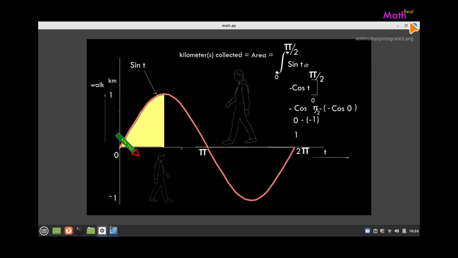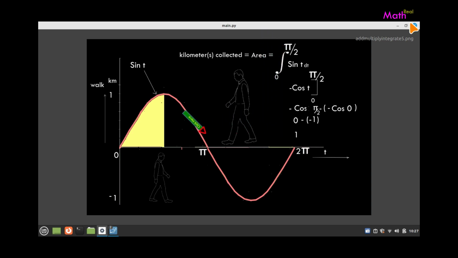Okay, so now we will proceed more on it. Like a person is walking in a sine wave, and how much distance he has collected up to pi by 2, that is integration. So the integral of sin t dt from 0 to pi by 2 comes to 1.